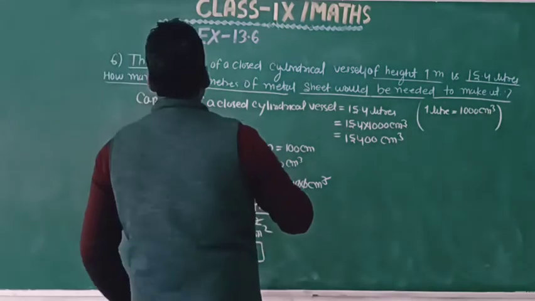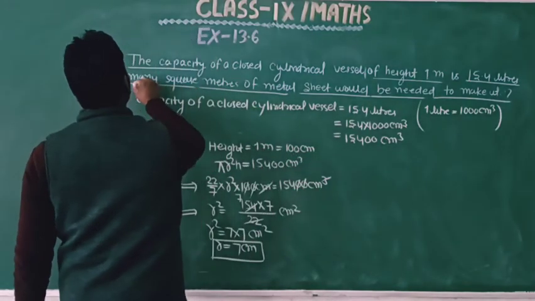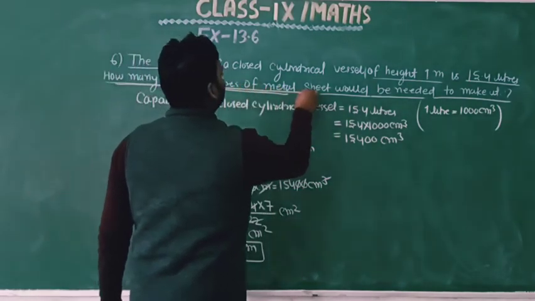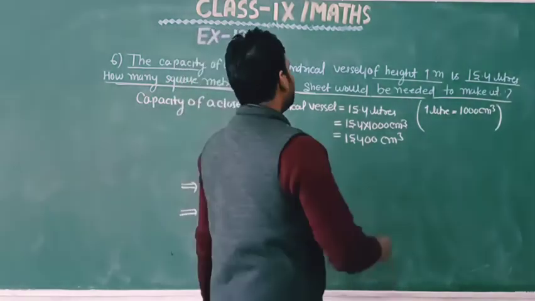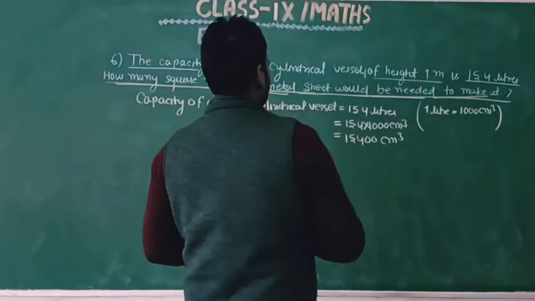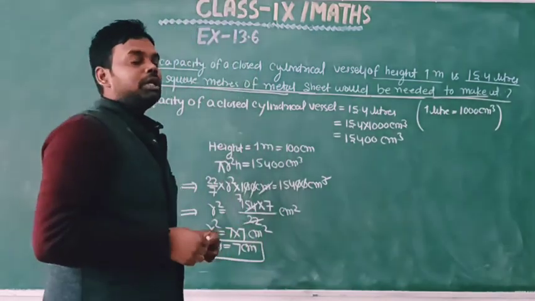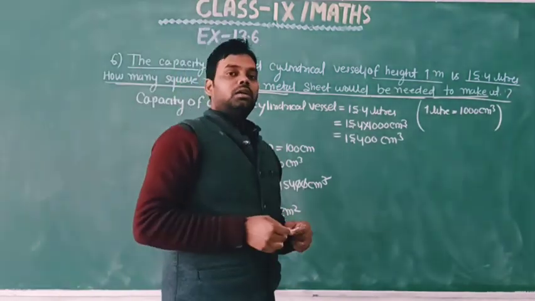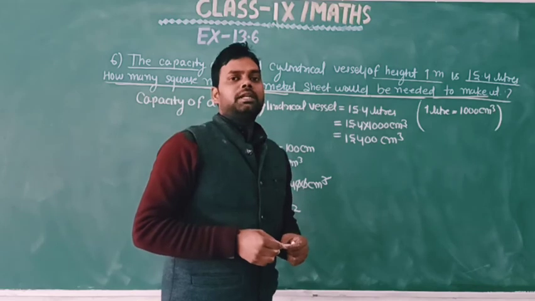Then we have to find how many square meter of metal sheet would be needed to make it. So this means we need to find the total surface area of the cylinder.